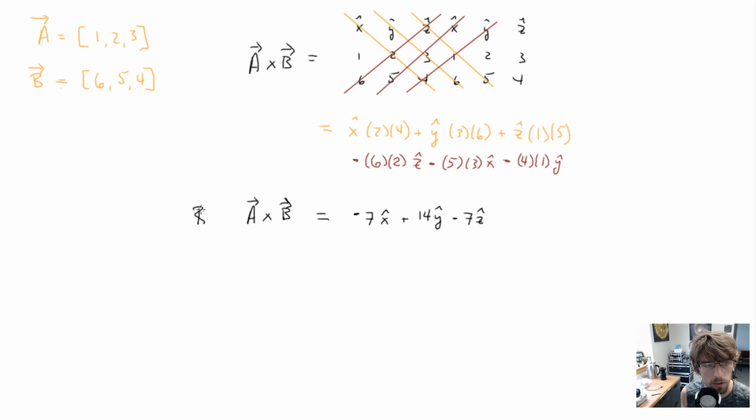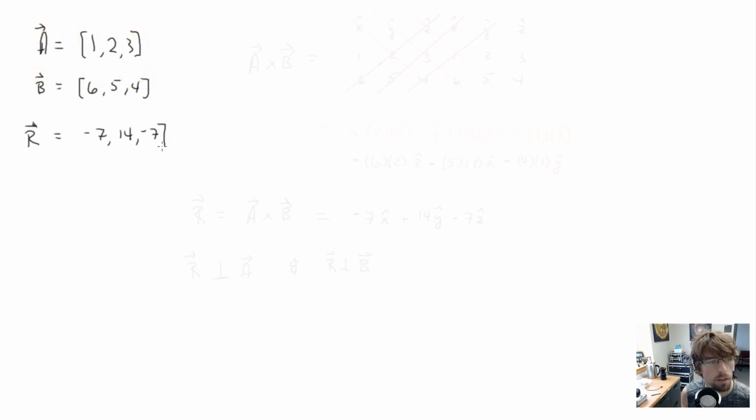I'll call this the resultant R. If you've done this correctly, R will be perpendicular to vector A, and R will be perpendicular to vector B. So let's go through and show that that's actually true.